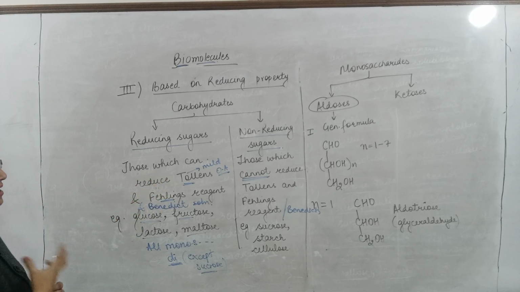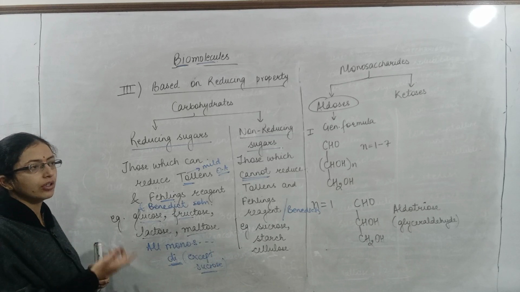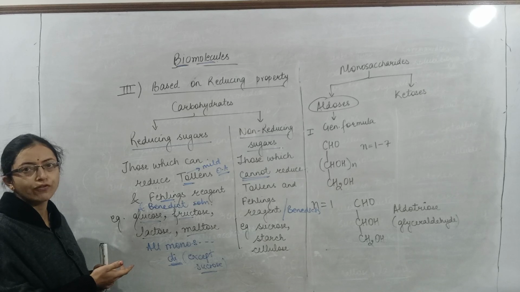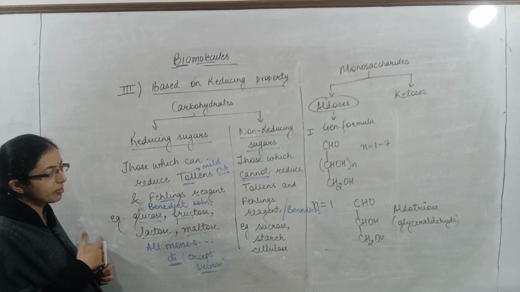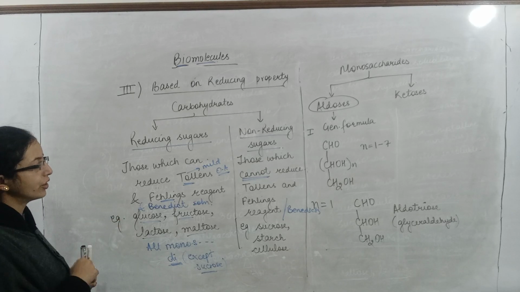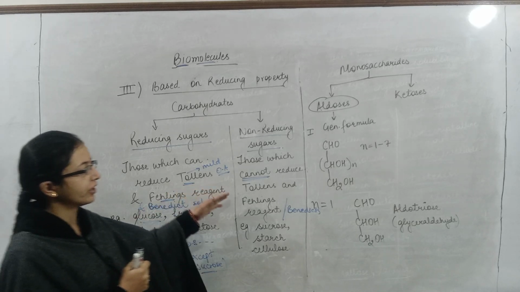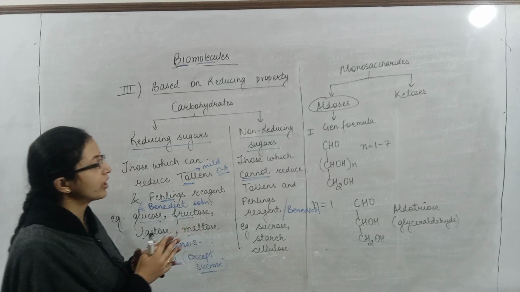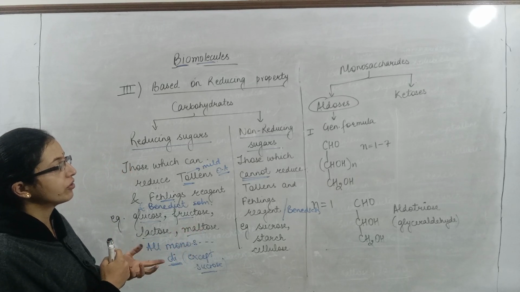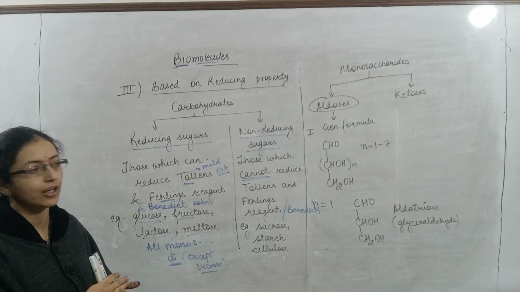ठीक है, तो जब हम इनके स्ट्रक्चर्स पढ़ते हैं तो क्या होता है, जो भी इनके साइक्लिक स्ट्रक्चर्स है, they can change into the open chain form, releasing the free aldehydic group. ठीक है, so जहाँ पर भी free aldehydic group होगा वहाँ पर ये reduce कर पाएंगे, और जहाँ पर free aldehydic group में वो convert नहीं हो पा रहे हैं, जैसे कि यहाँ पर, so जो इनके cyclic structures होते हैं इन compounds के, so they cannot convert into the open chain form, yielding a free aldehydic group.